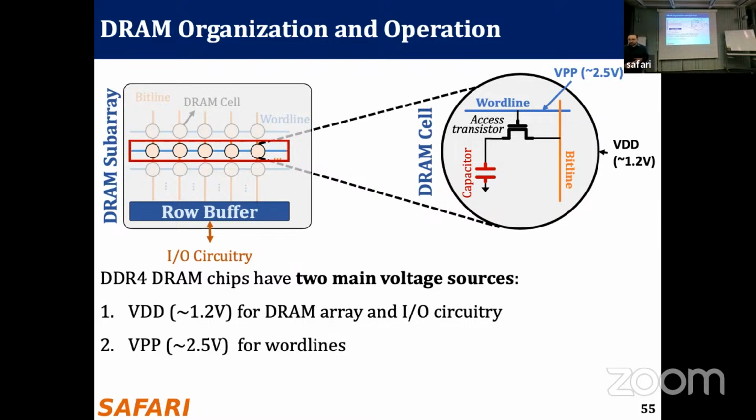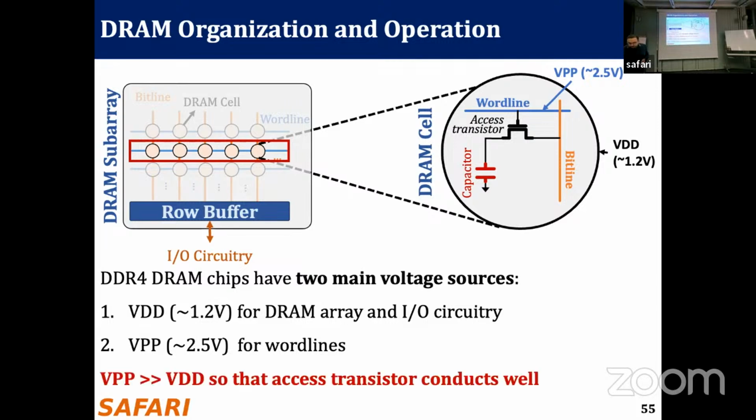There is another power rail called VPP, around 2.5 volts, and it's exclusively for the wordlines. That's for row activation. VPP is significantly larger than VDD so that the access transistors can conduct well, because it's connected to the gate of the access transistor, and it's important for creating a strong channel between the capacitor and the bitline.